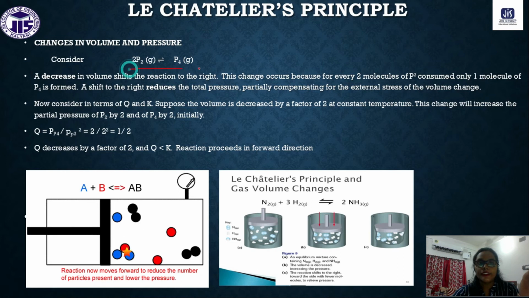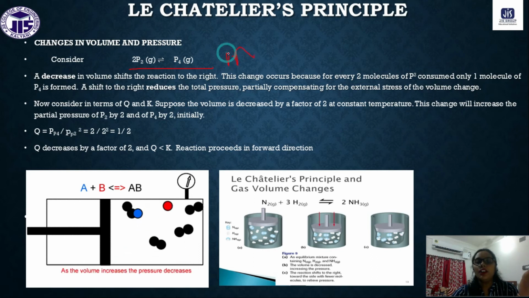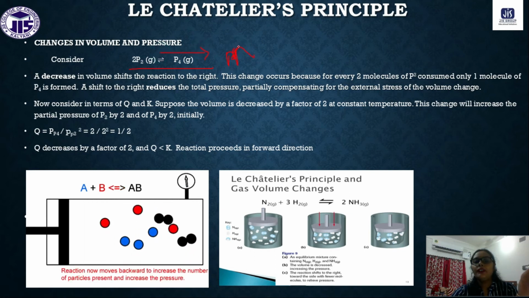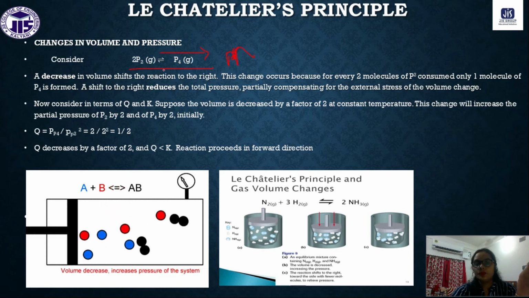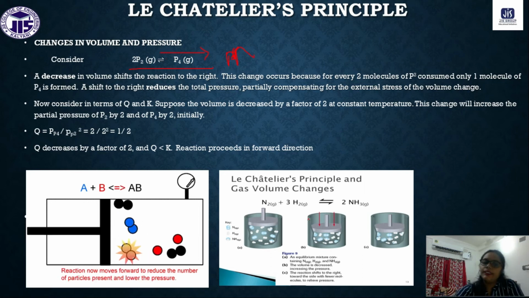For this case, you can see here two molecules will form one molecule, right? So if we increase the pressure here, what will happen? The forward direction reaction will be followed. Why? Because in the forward direction reaction, we have fewer molecules. So that is why the forward direction reaction will take place. Okay.